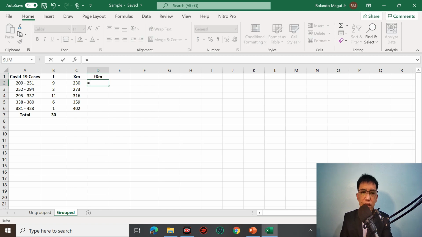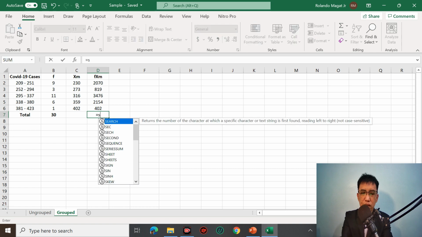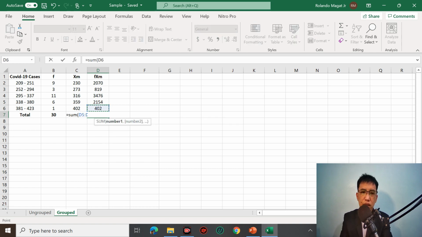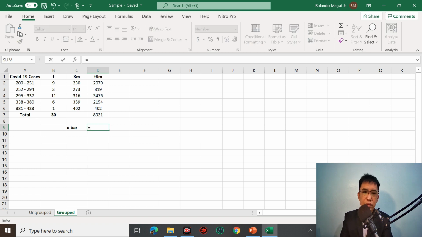So, equals multiply these and enter. And get the sum of this, equals sum. We're just recalling what we did in the previous video. And then to get the mean, or x bar, we simply divide this by 30.